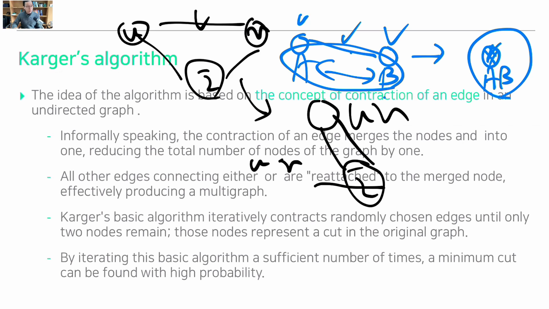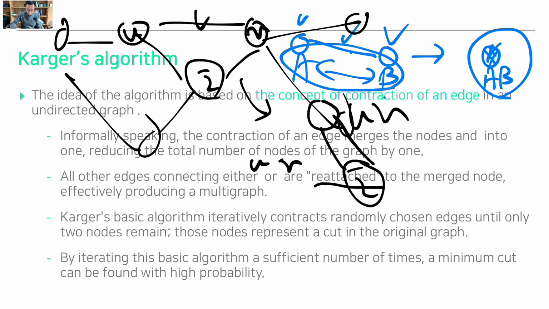And Karger's basic algorithm iteratively contracts randomly chosen edges till only two nodes remain. So for example, we have many edges, and we contract the edges, and we iterate the contraction procedure until we have just two nodes left.